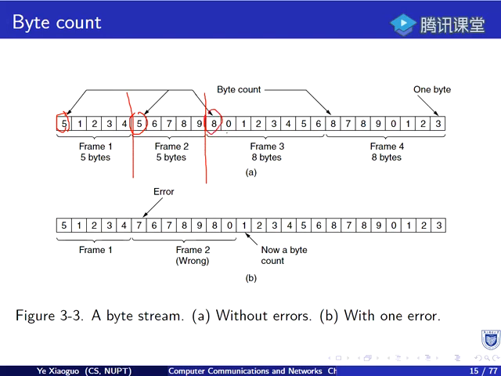If this is 8, frame 3 has 8 bytes: 1, 2, 3, 4, 5, 6, 7, 8. Frame 4 has 8 bytes.